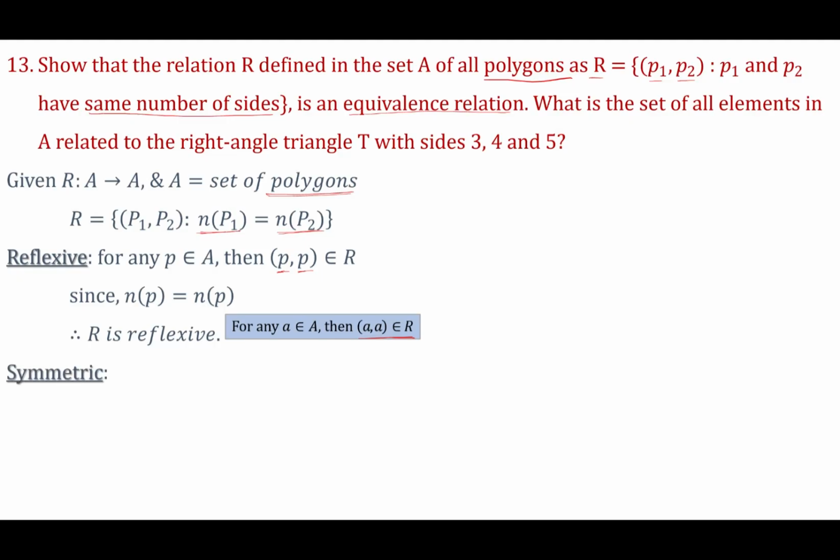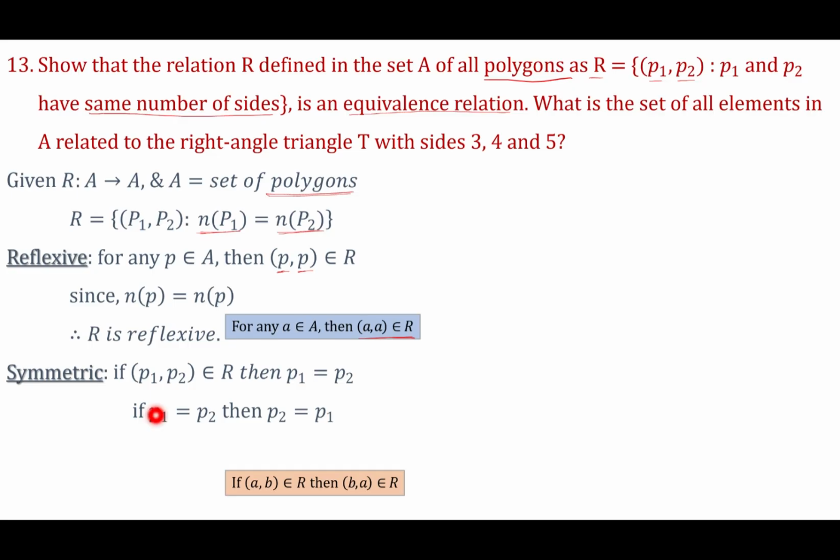Symmetric. The definition of symmetric says if (a, b) belongs to R, then (b, a) must belong to R. If (P1, P2) belongs to R, that means the number of sides of P1 equals the number of sides of P2, by the definition of the given relation.